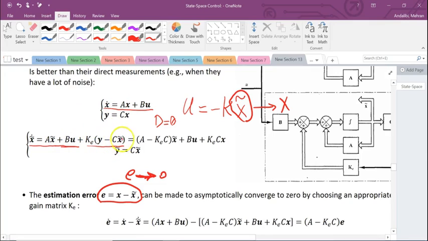This extra term is the difference between the actual output of the system y and the estimated output of the observer y tilde equals C x tilde. So you see the output equations are the same. Okay, so this here is the output error. It's the difference between the actual output and the estimated output. So this is like the output estimation error.